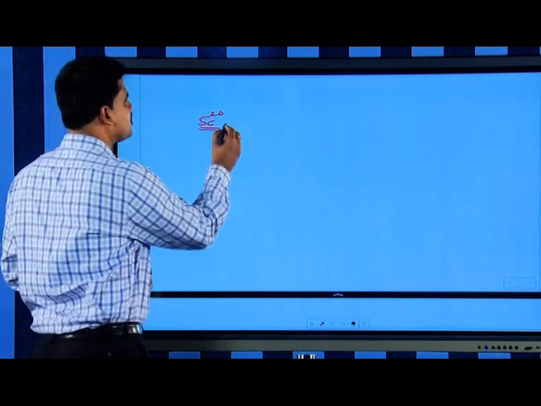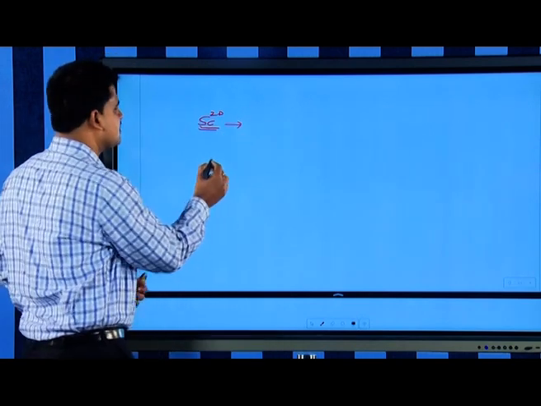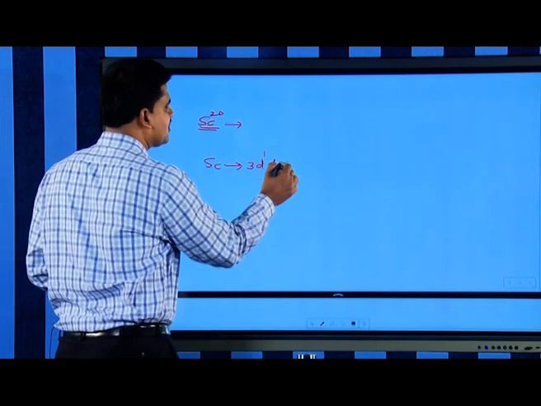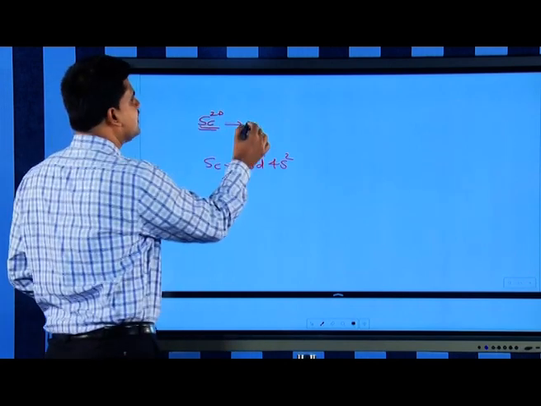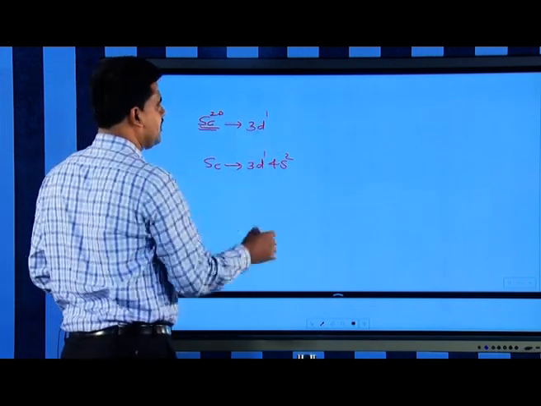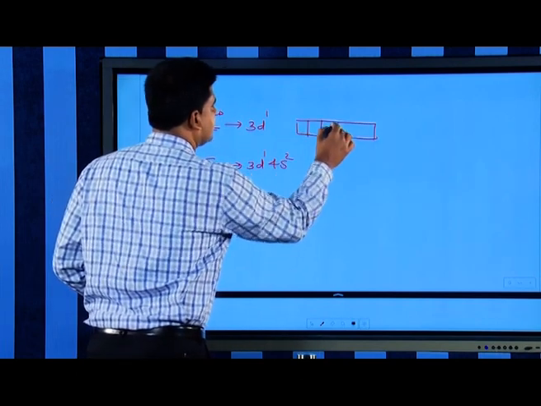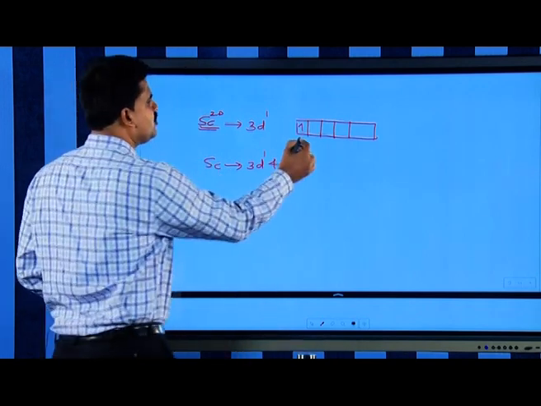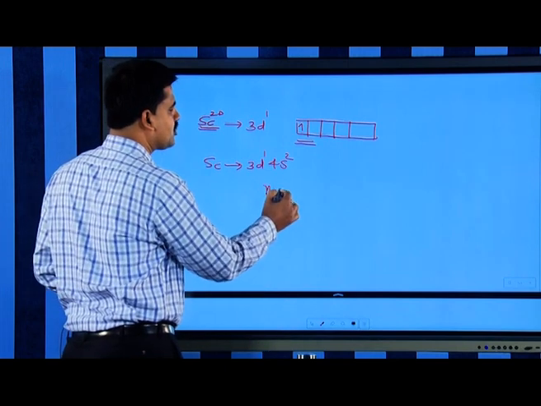In order to get it, we have to write the configuration of scandium 2+. Scandium has the configuration 3d1 4s2. So, when it is changed to scandium 2+, the electronic arrangement is 3d1. That is, there are 5 d orbitals, the electronic arrangement is 3d1, and you can see the presence of one unpaired electron. That is, unpaired electrons equal to 1.